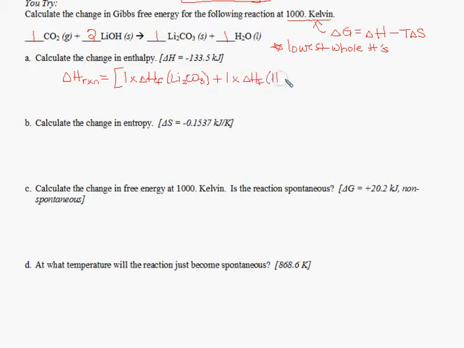We've got the water as a liquid, so 1 times that formation. And then our reactants, remember, are over in the next part, so we're going to subtract the formation of CO2 and also 2 heats of formation of LiOH.